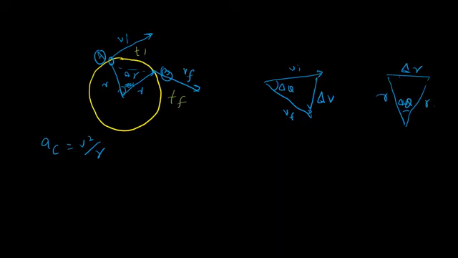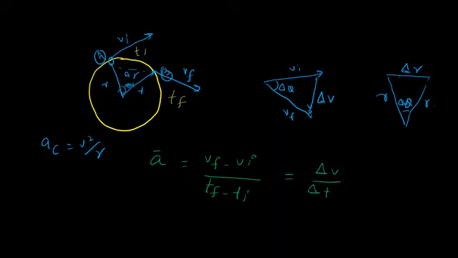So I can write the average acceleration, which is equal to vf minus vi divided by tf minus ti, and it is equal to delta v divided by delta t.